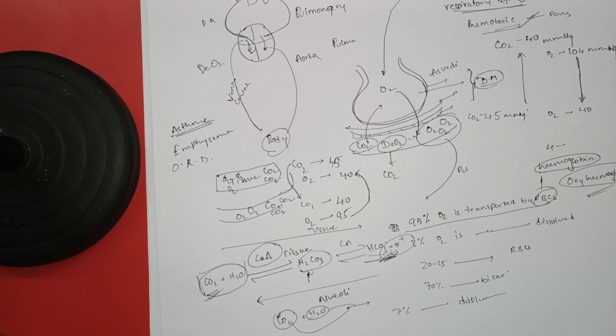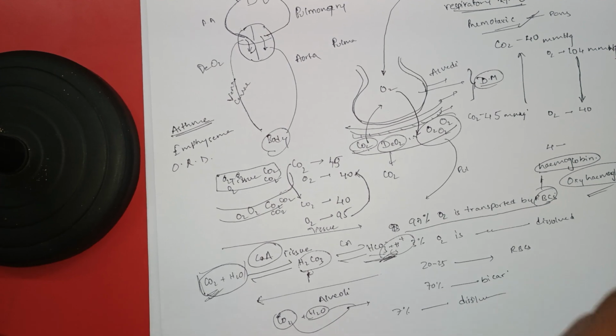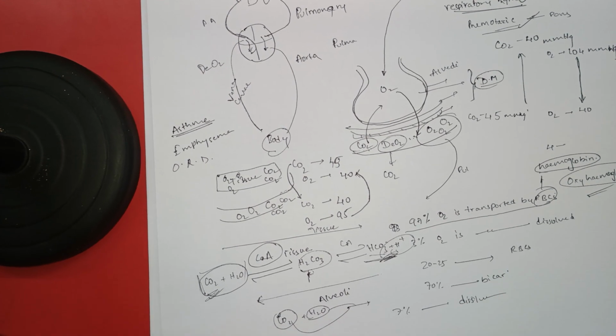So we have many other diseases, like silicosis. We have so many disorders. So industrial workers have to wear protective masks to prevent these occupational respiratory disorders.